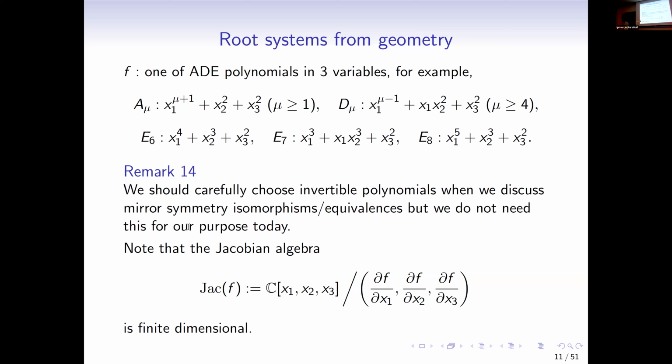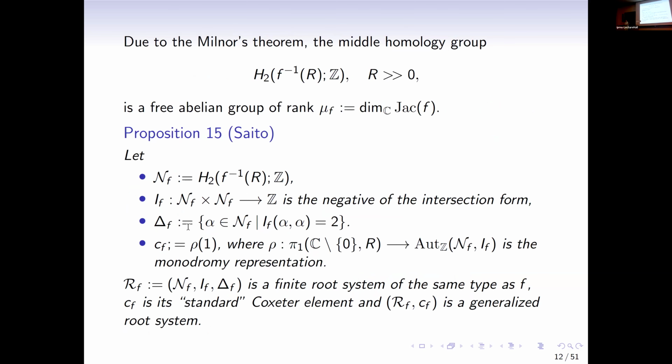The dimension will be denoted by mu. What is important is that the middle homology group will be a free abelian group of rank mu. In this way, one can recover a generalized root system naturally.